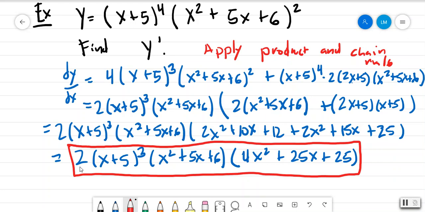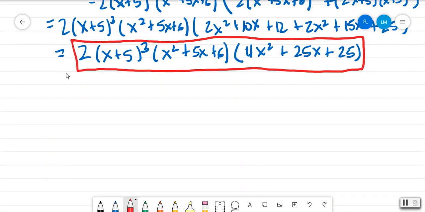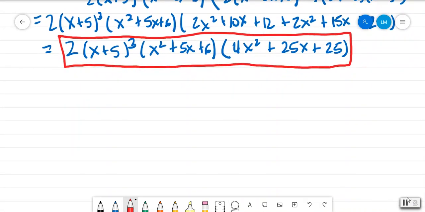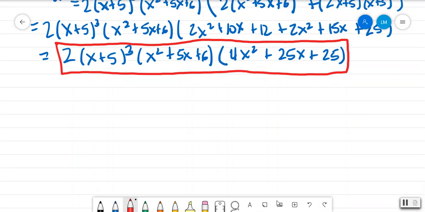Okay, so this is our solution, and I don't think that it factors in any way, so we'll just leave it like this. Okay, actually there's a mistake right here. Yeah, 12 plus 25, that's 37. So that should be 37.